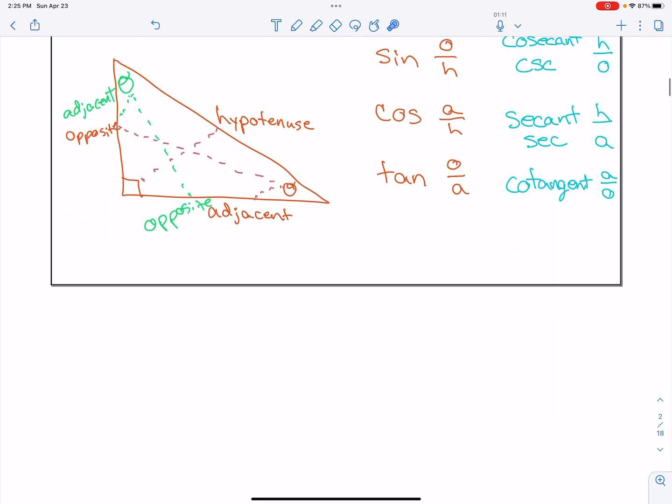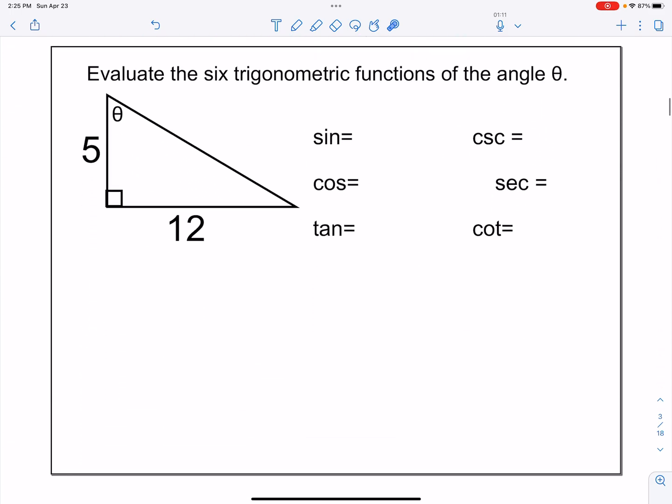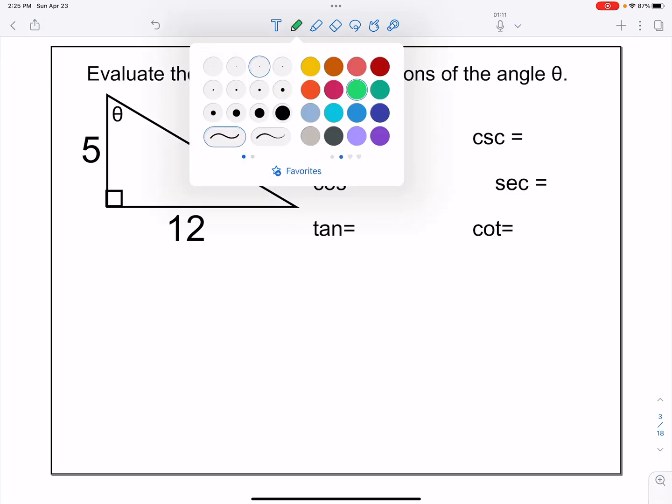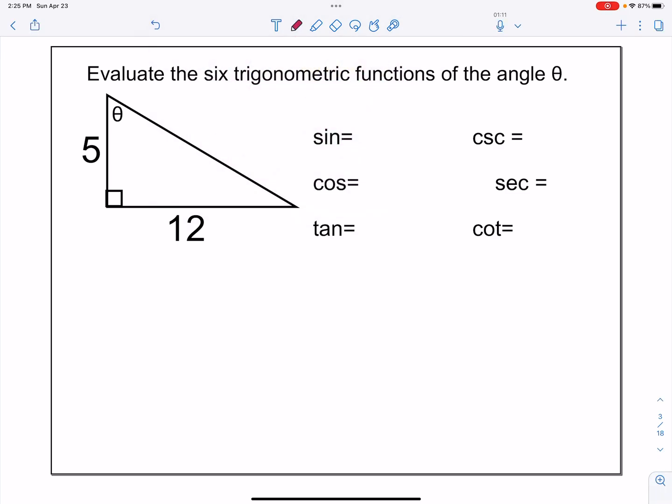Okay, so let's try out a math problem. This is where I screwed up in the last video, so we're going to see if I can do this one without screwing up this time. Cross your fingers. Okay, so first thing we need to do in this right triangle is find the third side. So we're going to do the Pythagorean theorem to find the hypotenuse here. So 5 squared plus 12 squared equals x squared, because side squared plus side squared equals hypotenuse squared.